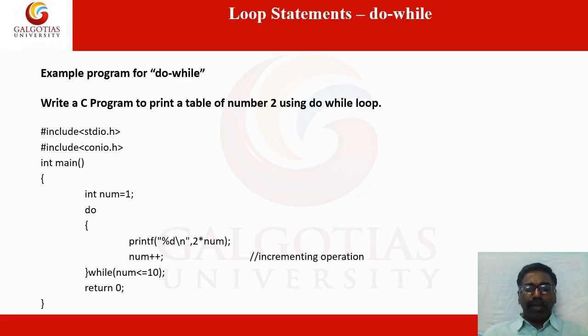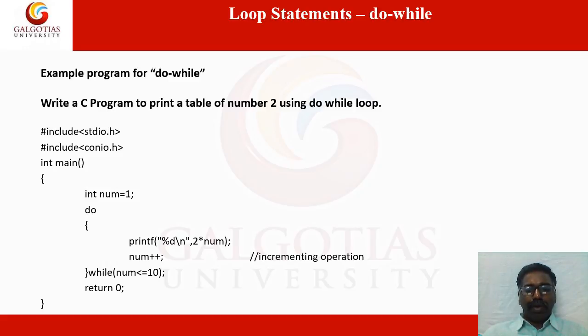Now at the end of the do while statement, we have the while statement, and then we have the checking condition num is less than or equal to 10. So until num is less than or equal to 10, we are going to repeat this do while statement. This is just like a while statement; it is going to keep on repeating until num is less than or equal to 10. Num plus plus is there. This particular variable is altered inside the do while loop, so that this do while loop will not become an infinite loop.